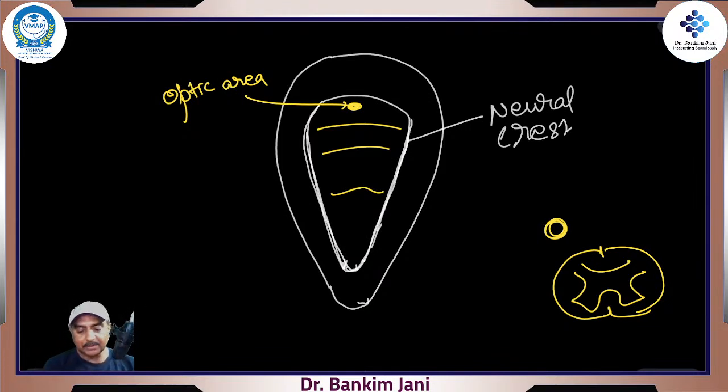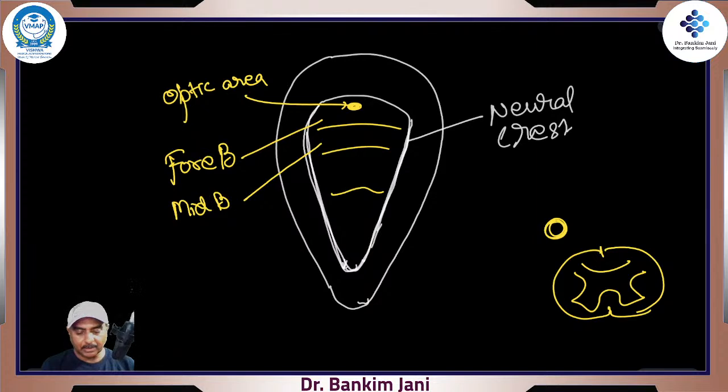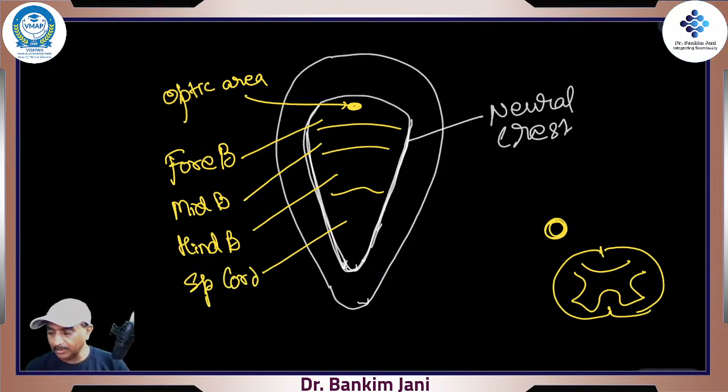So here is the optic area, then we have got the forebrain, then the midbrain, then the hindbrain, and then the spinal cord. All these things are developing from the neural tube.